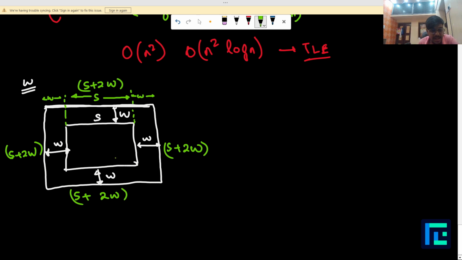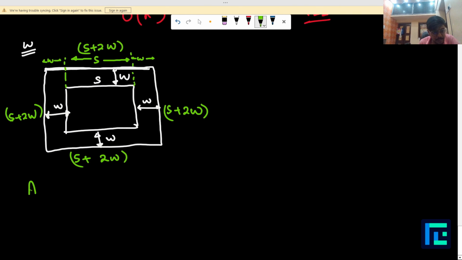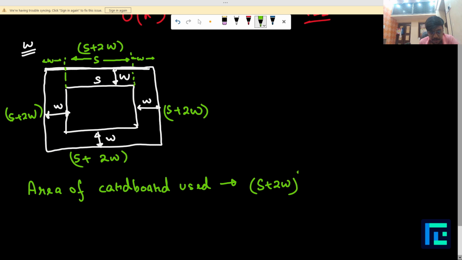So actually the area of the cardboard used is nothing but (S plus 2W) square. Do you all agree with me in this?